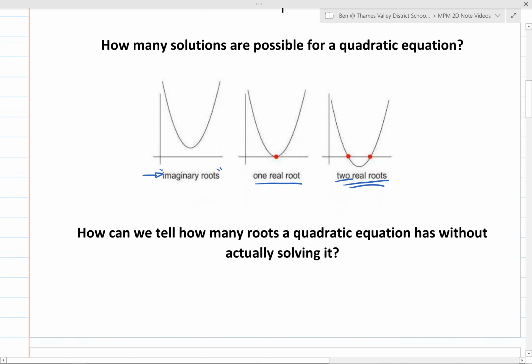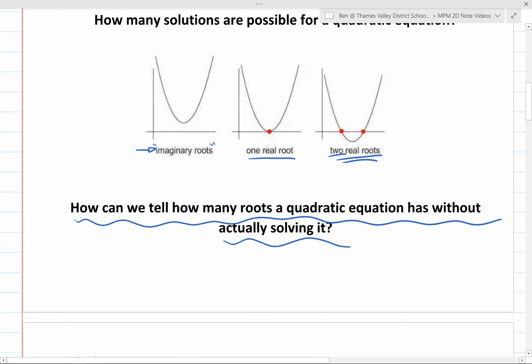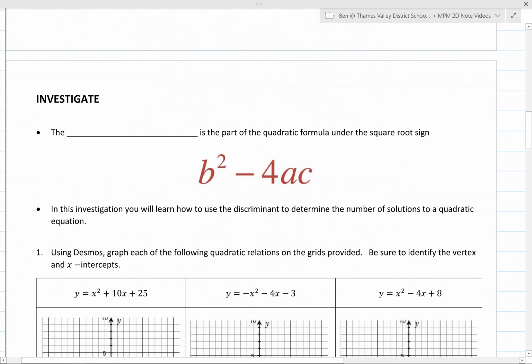Now, we're going to look at our quadratic equation without following through with the entire quadratic formula itself, and we'll try and determine how many roots, how many zeros, how many x-intercepts, how many solutions there are to a particular quadratic equation.